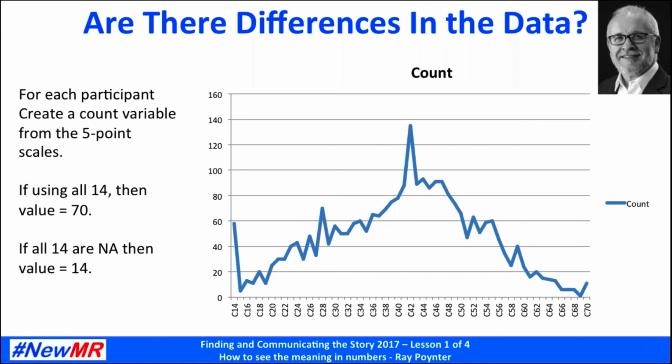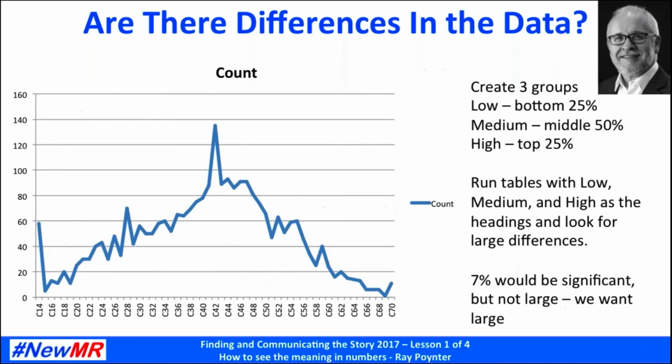Most people are in the middle. 43, 42 is a real spike in that data, which is averaging, everybody's saying 3 times 14 is 42. So that's where the data spikes. Now I understand that there are differences. There are people who are doing lots of automation. They're on the right-hand side. There are people who are doing very little automation. They're on the left-hand side. And there are a lot of people in the middle.